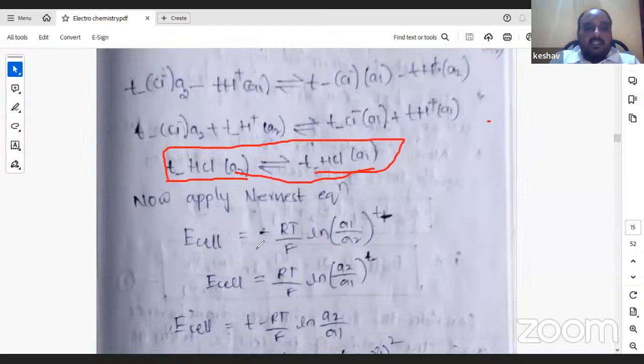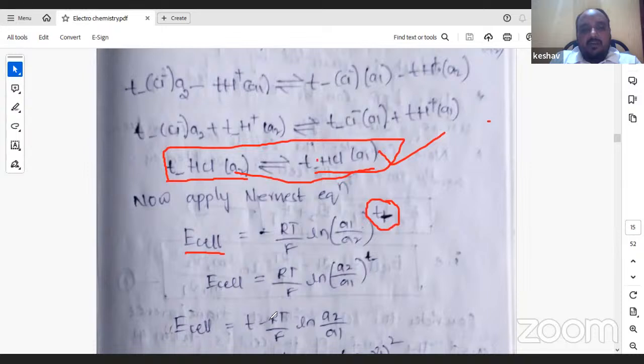Now we apply the Nernst equation. E cell is equal to E naught cell, which for the hydrogen electrode becomes 0. Then minus RT by F ln of A1 by A2 raised to T minus. T minus is the transport number that will come as a power. If we consider this like the number of moles in the Nernst equation, the product activity is raised to the power T minus.